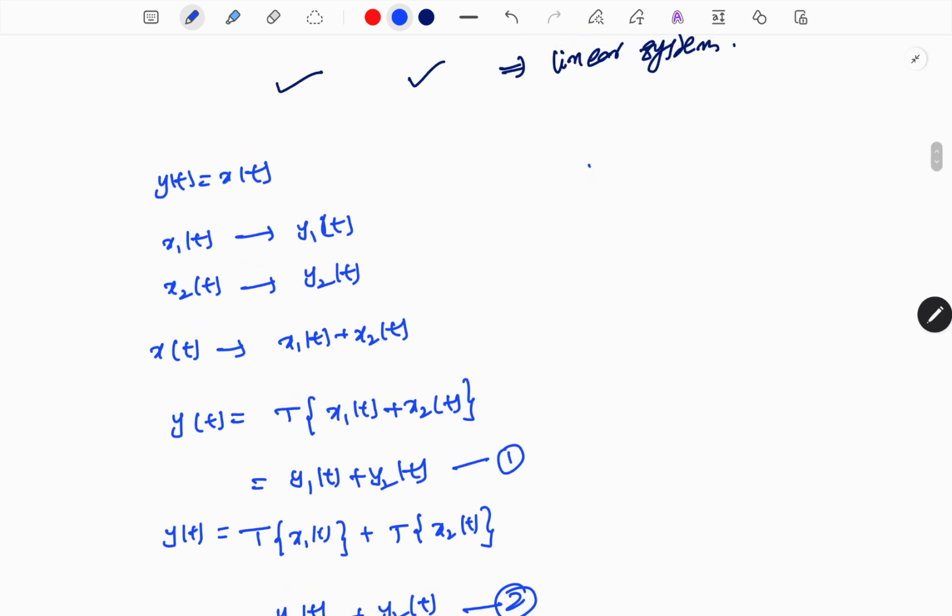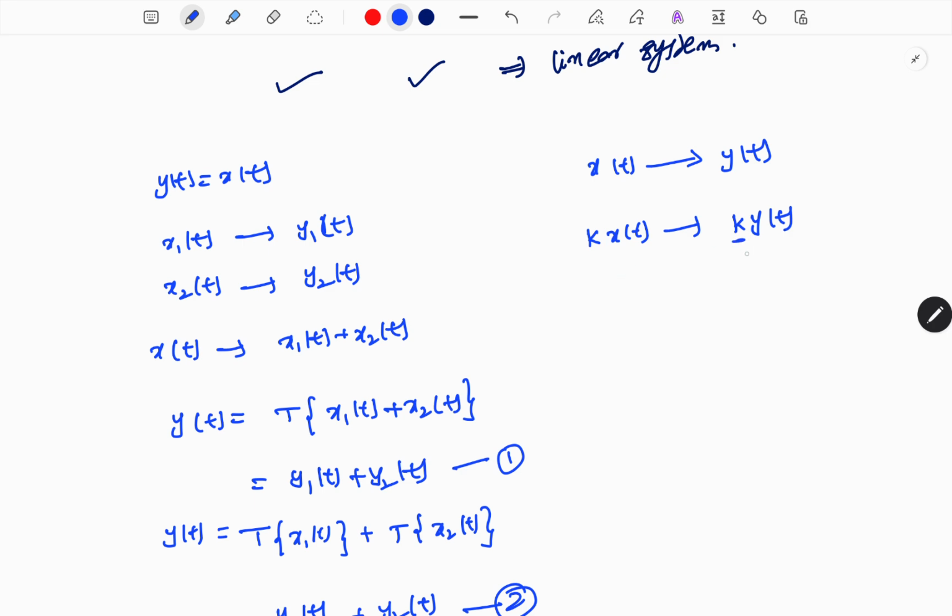Similarly, if an x of t input gives y of t as output, and the input is multiplied by some constant k, then the output is also multiplied by the constant k.